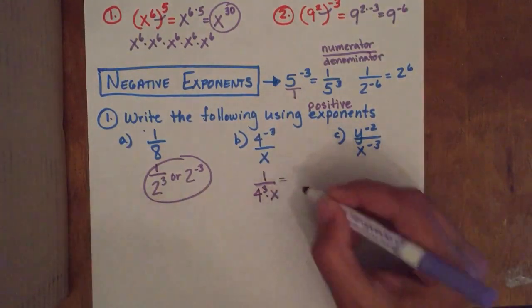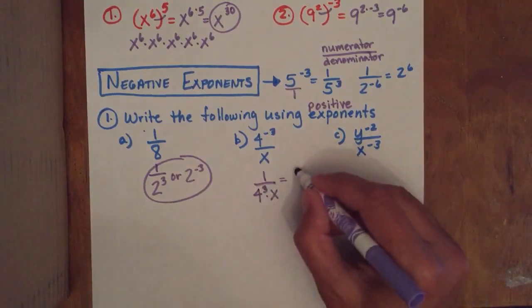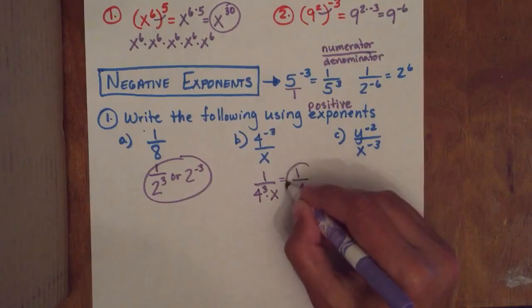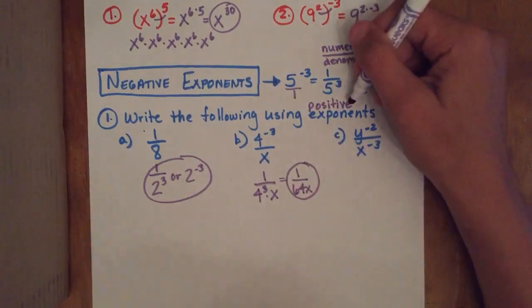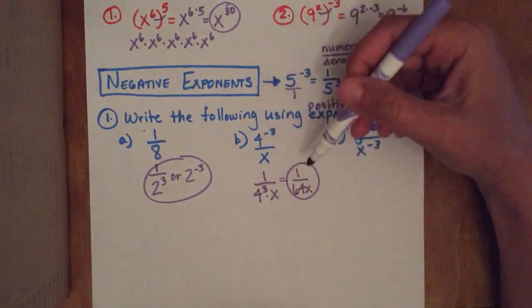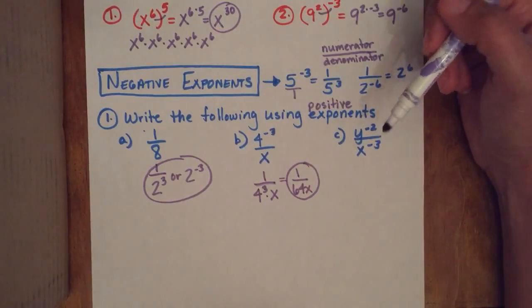And at that point, I'm going to go ahead and multiply this out. 4 cubed is 64. So it's 1 over 64x. This would also be acceptable because I asked you to write it as exponents. But if you want to actually simplify it as much as you can, you've got 1 over 64x.